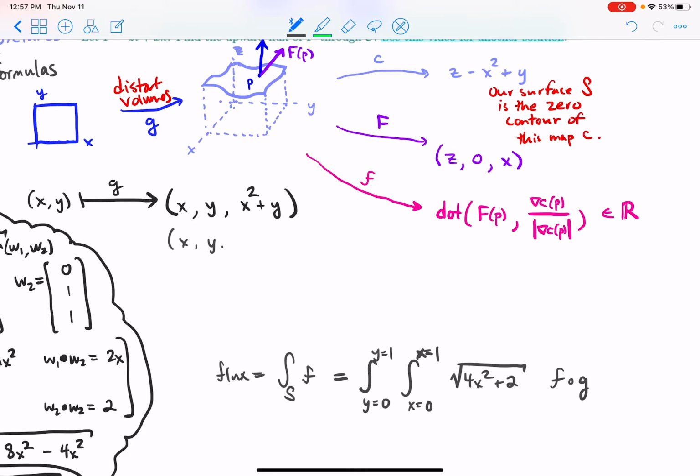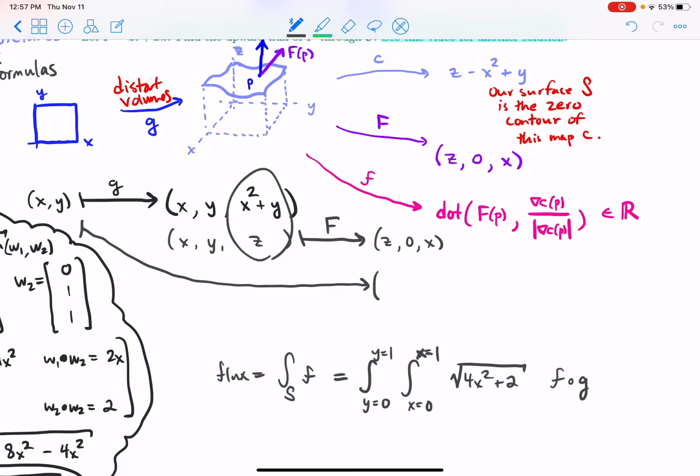Notice that the vector field, since this is capital F, it goes to Z, 0, X. And so if I string these together, I get x squared plus y, 0, x. Okay, so this is capital F after G.